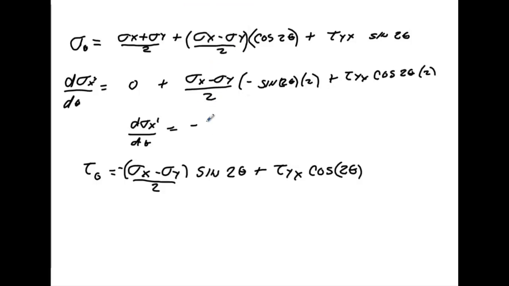Oh, sorry. So that'd be negative. Bear with me, sorry. The negative of the normal x minus the normal y over 2 times 2 times the sine of 2 theta.